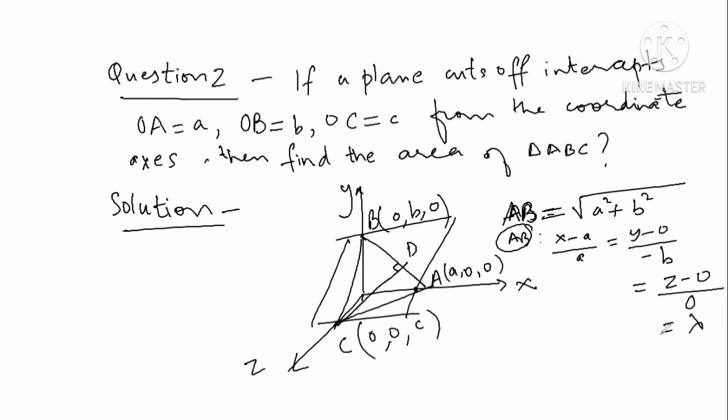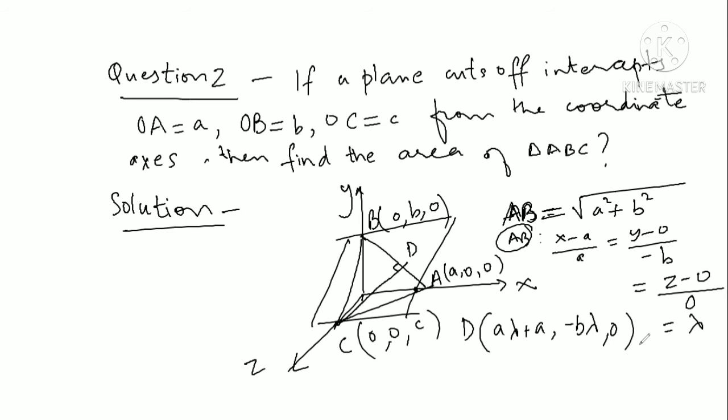Now if we equate this to lambda, I can write the coordinates of D as a into lambda plus a, and then minus b into lambda plus 0, so minus b lambda, and then 0 into lambda is 0.